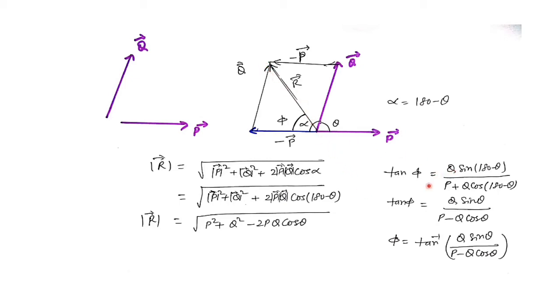But if you go for the angle, again it is coming out the same, that is tan inverse of q sine theta divided by p minus q cos theta. So it means I will be getting the same magnitude whether I take p minus q or q minus p, but the direction is not coming out the same. That you all should notice.